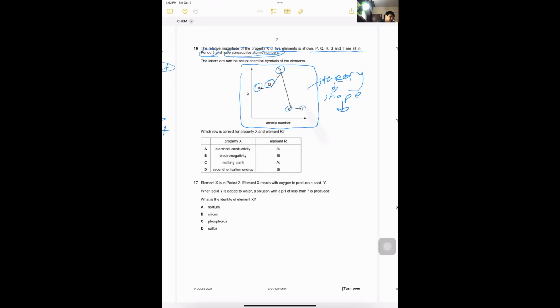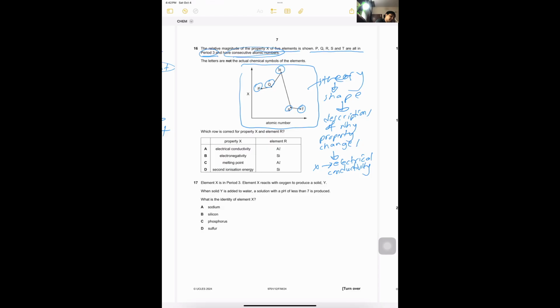And also know the descriptions of why the property changes. In this case, X is electrical conductivity.